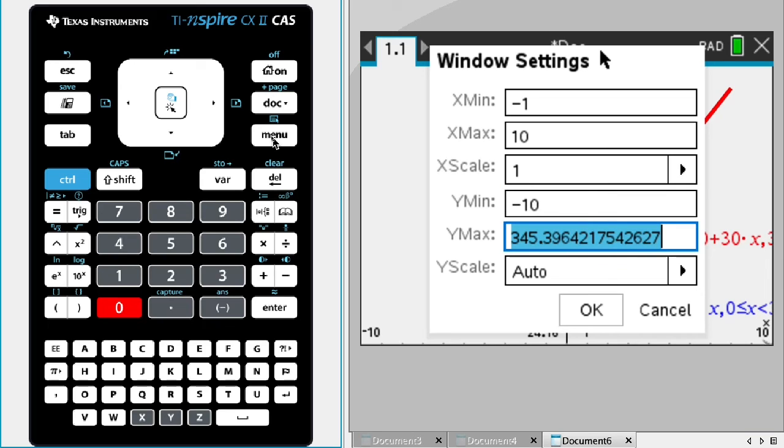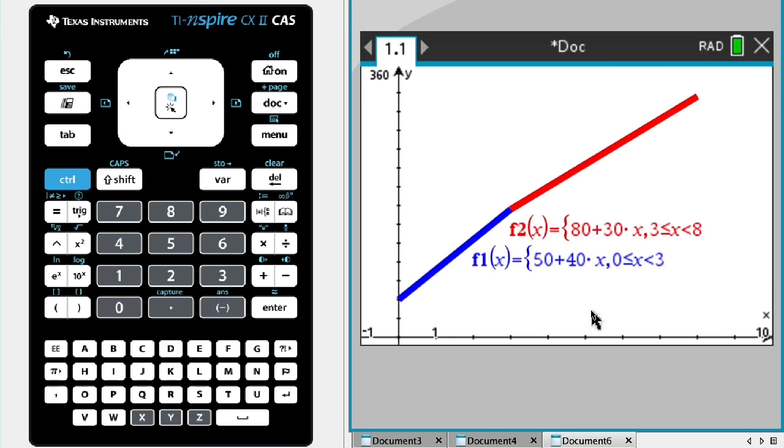I know it goes up as high as 345, so I'm going to type 360. And I want my scale not to be 1 because it'll be lots of really close lines, but I want my ticks to be every 25. Now I'm going to do OK, and there is my graph redrawn showing me the two segments.